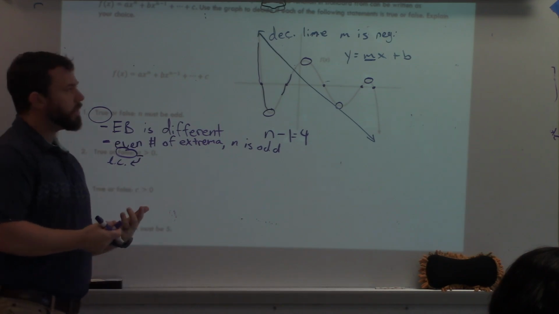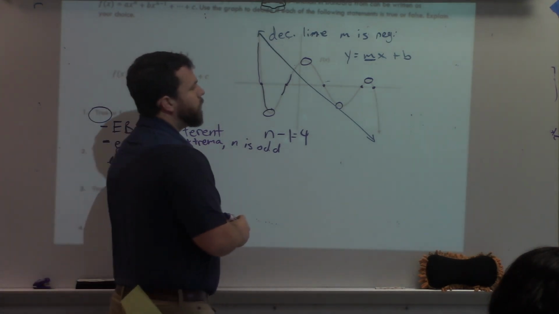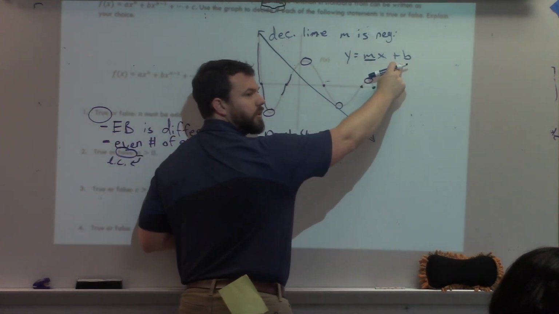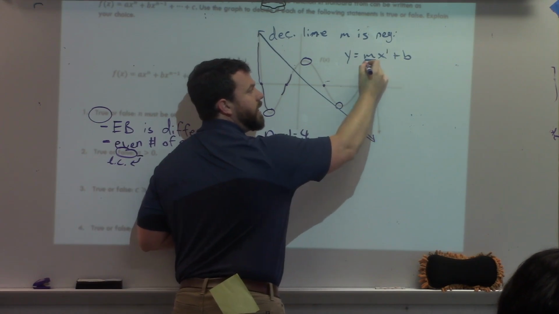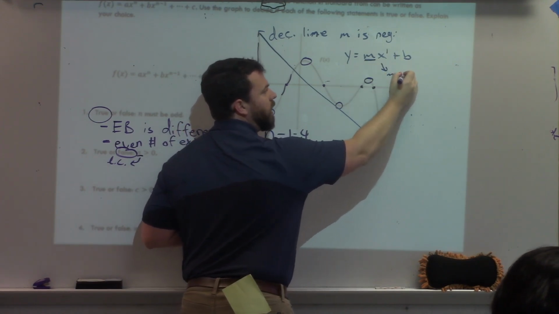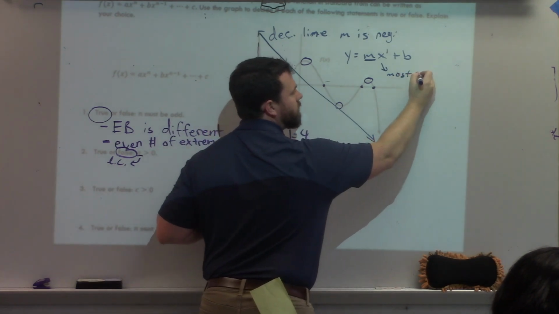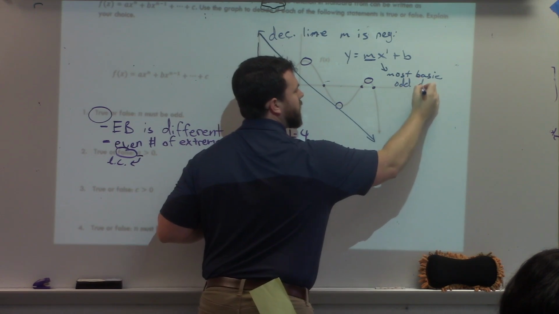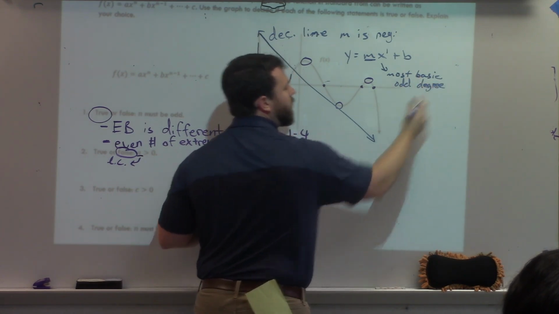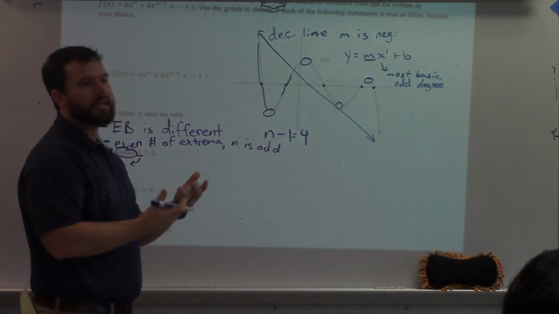There's not a whole lot going on with a line, but that slope is my leading coefficient for a line. So I talked about this with Jaden's group. What is the degree for y equals mx plus b? The degree is 1. This is the most basic odd degree there is. So whenever I have an odd degree, I think back to that for the end behavior.